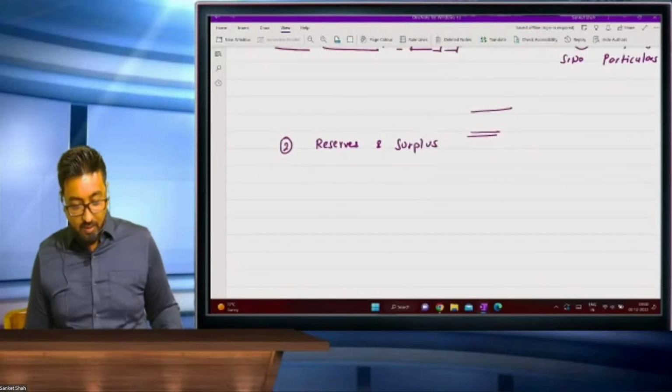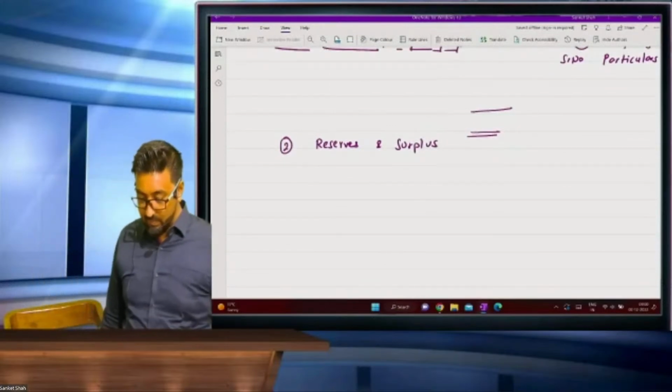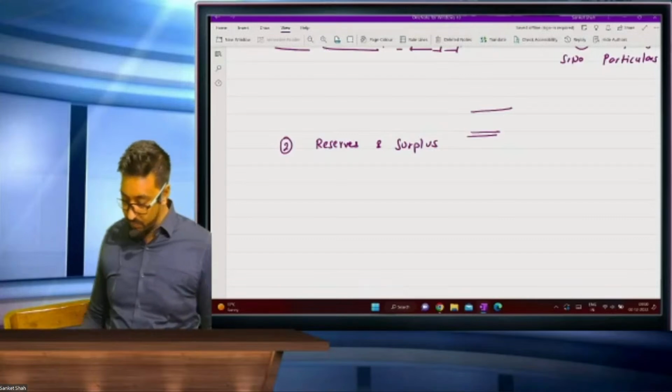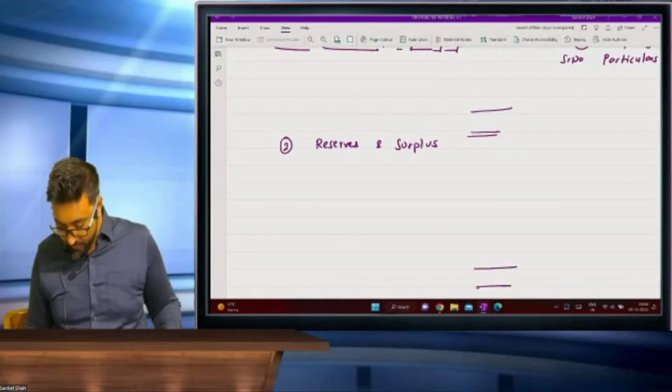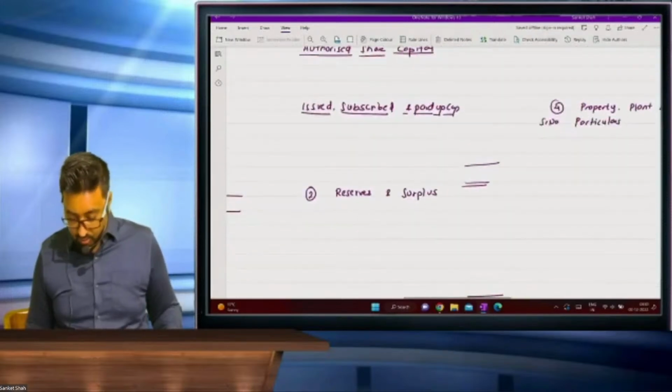Reserves and surplus. Okay, issued, subscribed, and paid up capital.